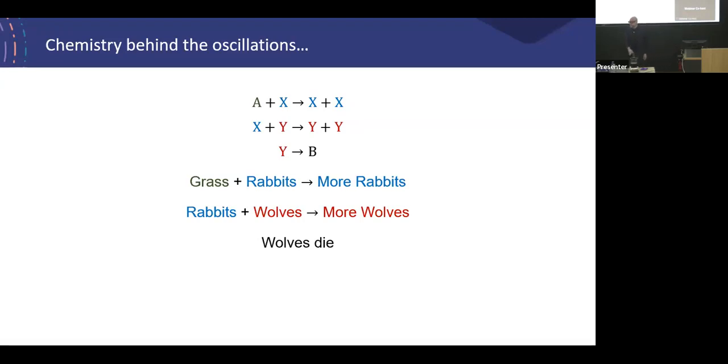You notice the oscillations have stopped. I'm left with my bluish solution at the end. The overall reaction of grass leading to dead wolves is the driving force for this entire process. It drives the oscillating system, and it's providing the free energy necessary for the system to progress.